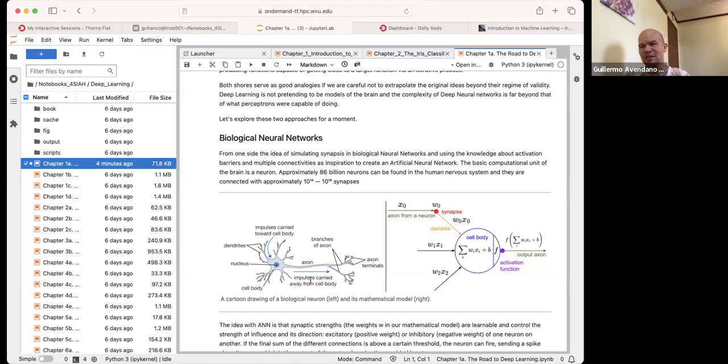Well, what we do is we use that biological knowledge, and we transfer that into a mathematical description of it. What we are doing here is to have an equation where we have multiple elements, those W that we call weights. They are receiving information, numbers, from an input or another neuron, another element like this.